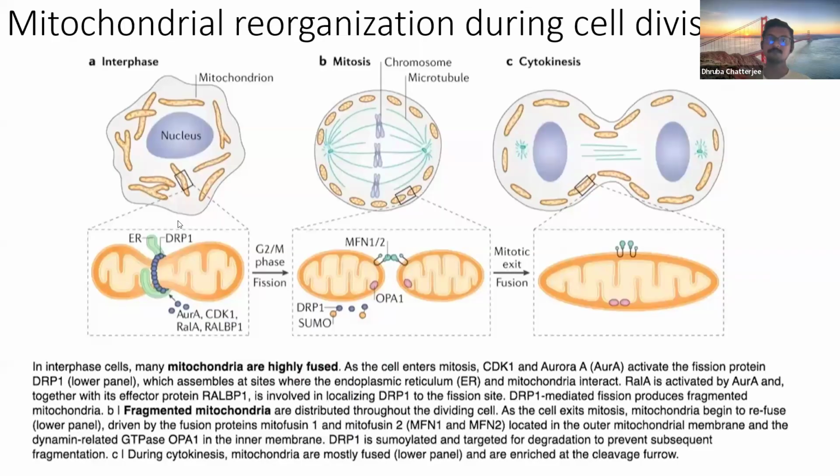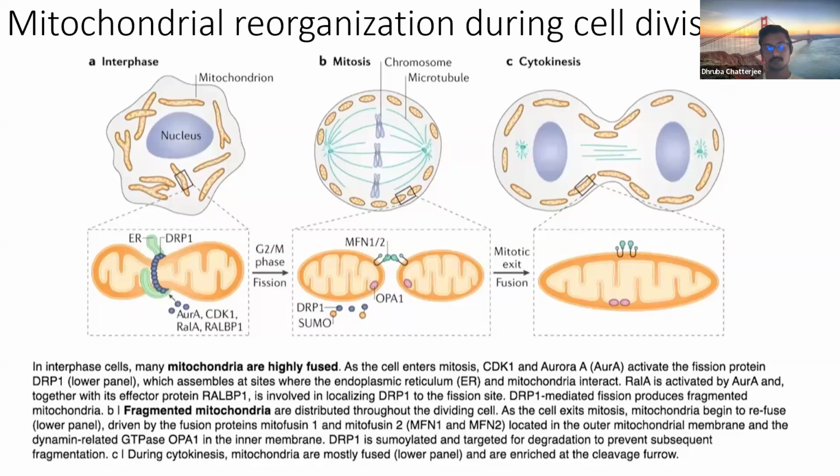In the interphase state of the cell, mitochondria are present all over the cell, just like the endoplasmic reticulum, and they form long tubular structures, which are primarily due to fusion of several mitochondrial tubules.